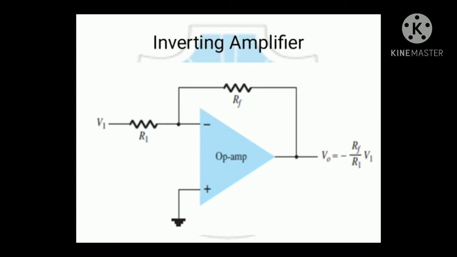The input is applied through resistance R1. As you can see, the output is minus RF by R1 times V1. So its gain is minus RF by R1, that is the ratio of two resistances.